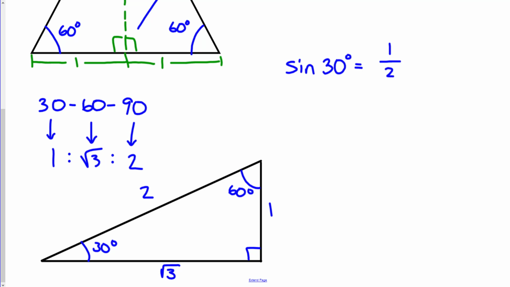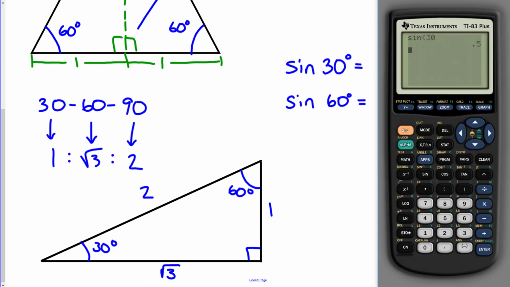Okay, let's try the sine of 60 degrees. So the sine of 60 degrees, the side opposite the 60-degree angle measure is the square root of 3. And then the hypotenuse is still 2. So let's see what the calculator thinks about that.